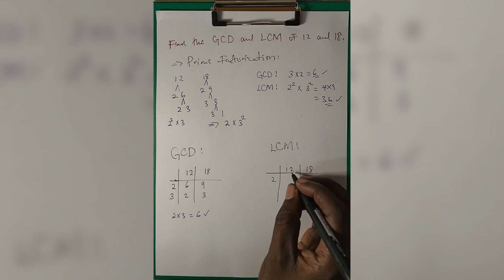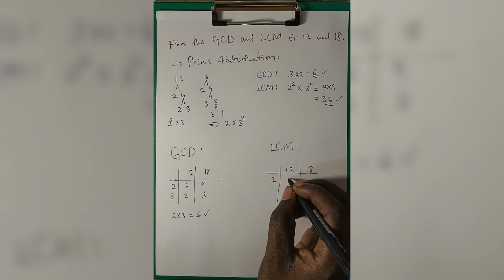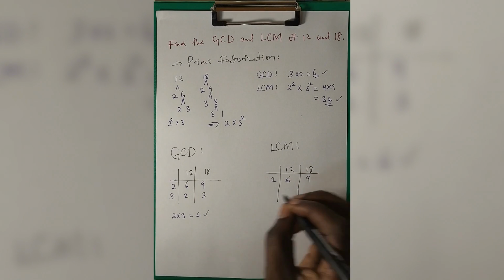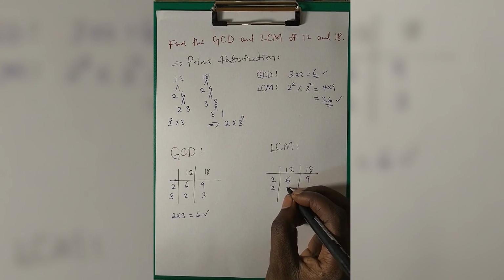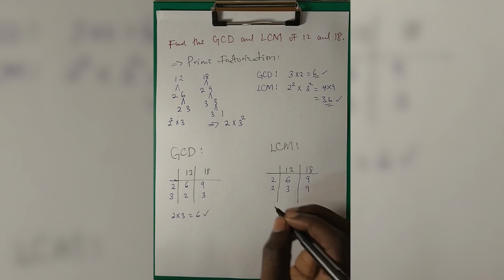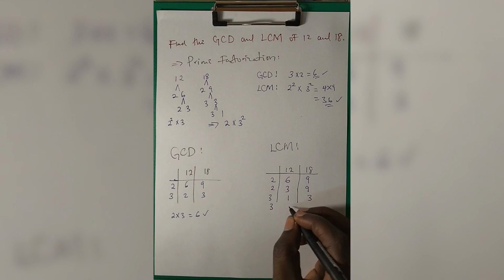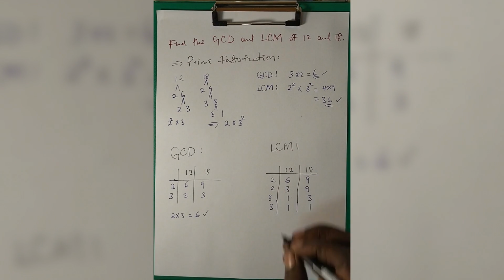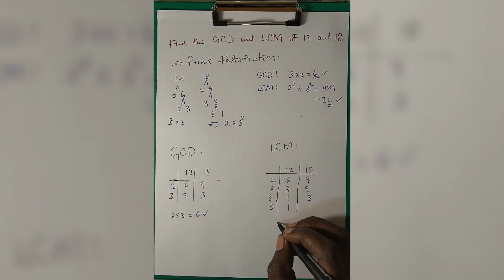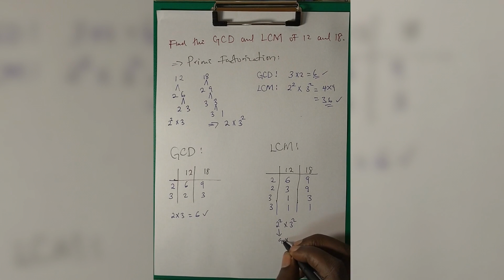So we have 2 here, then 6 and 9, then 2 and 3 and 9, then 3 and 1, then 3 and 3, then 1 and 1. So for the LCM, it will be 2 squared times 3 squared, which is 4 times 9, equal to 36.